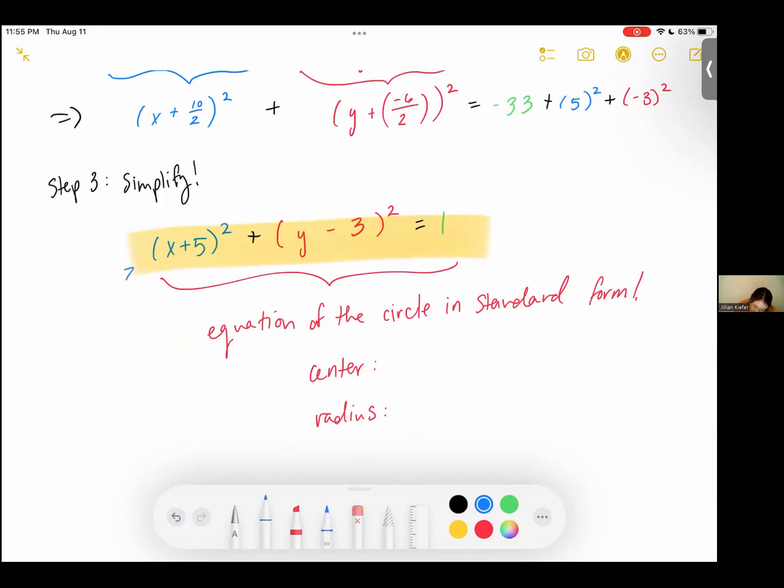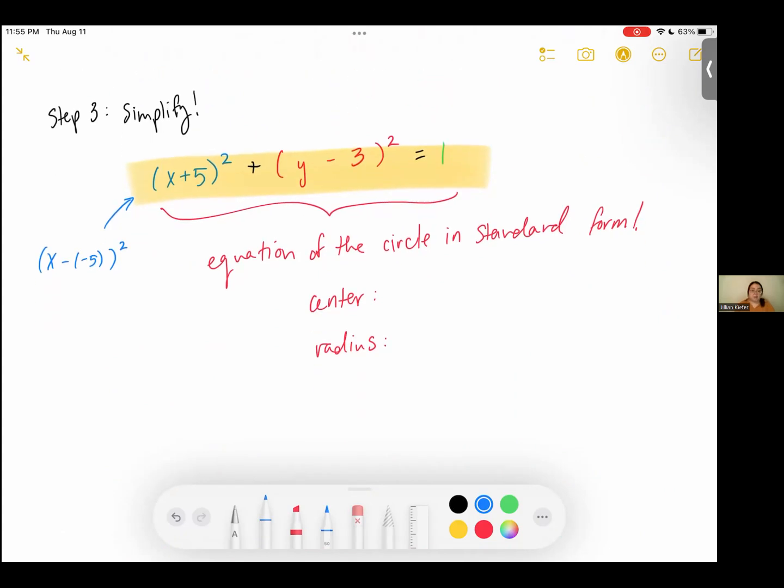But x plus 5 is the same thing as saying x minus -5 squared. So basically what we're trying to say here is that if you have plus instead of minus, it just means that that value is negative. It is opposite. So the center starts, the x value is at -5. That was the only way that we got plus instead of minus.